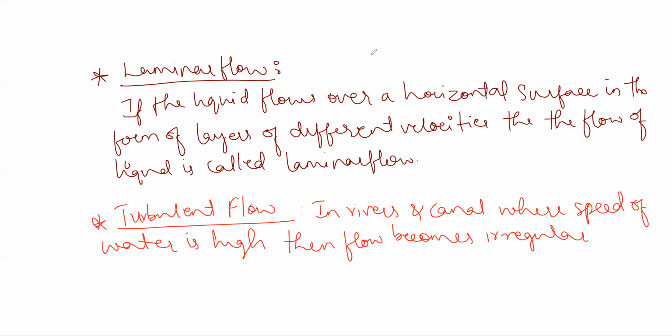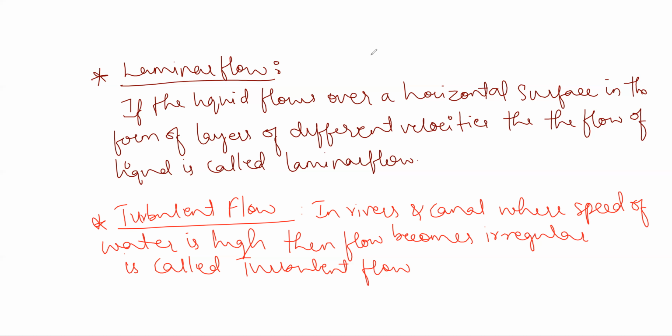Such flow of liquid is called turbulent. Here, the velocity of the particle is not constant. It varies from one point to another.